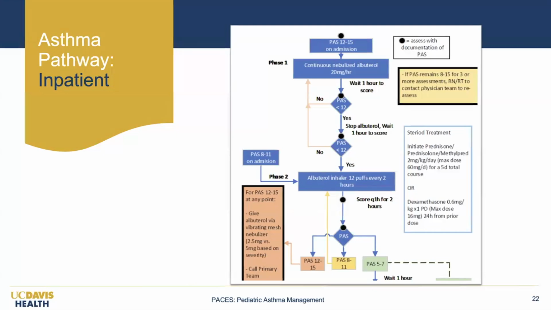For patients whose PAS score continues to be 12, we will continue the continuous albuterol. But for patients who begin to show improvement and have a score of less than 12, we'll use the same framework that we use in the ER: stop the albuterol and then assess in an hour and make sure that patient can maintain, either staying stable or ideally improving.